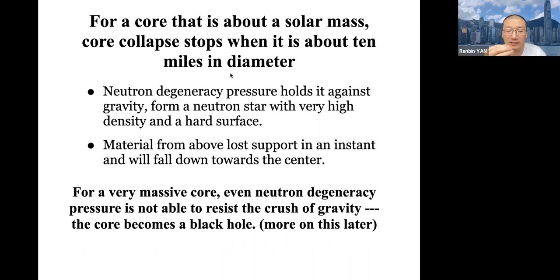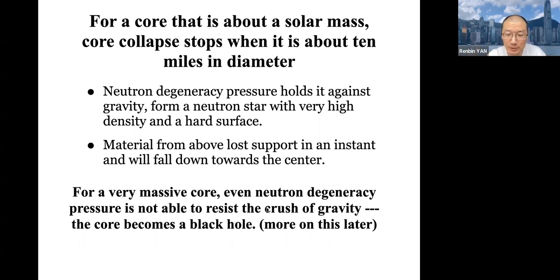But if just the core part is about a solar mass, then it forms a neutron star in the middle. But if the core is more than 3 times as massive as the sun, then it will form a black hole in an instant. But we'll talk about neutron stars and black holes in a later lecture.